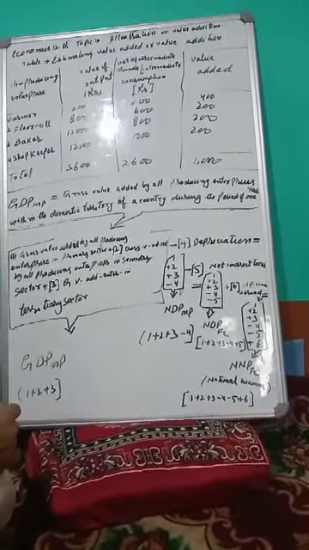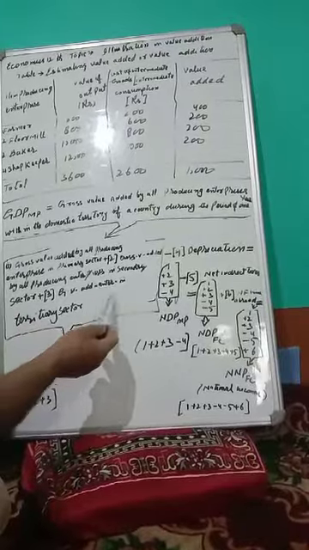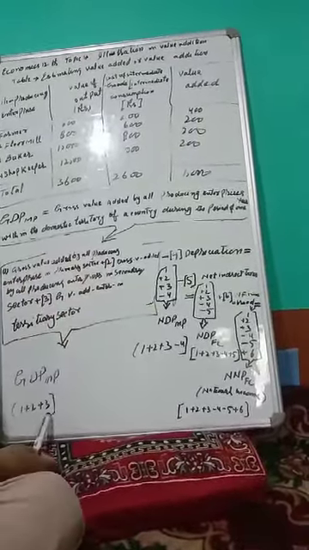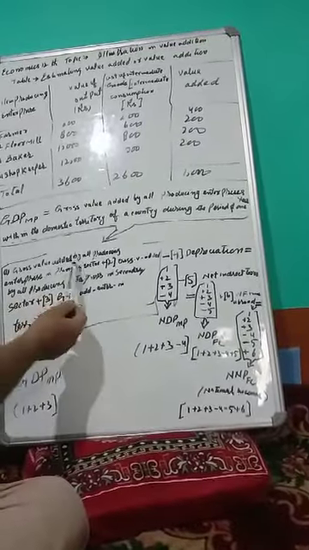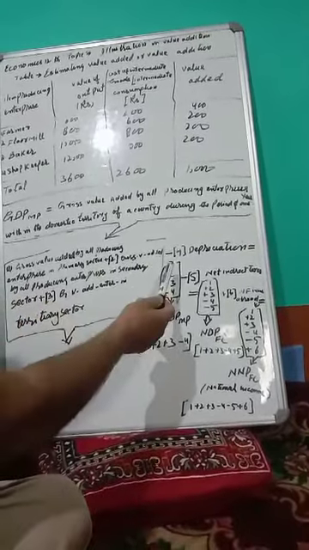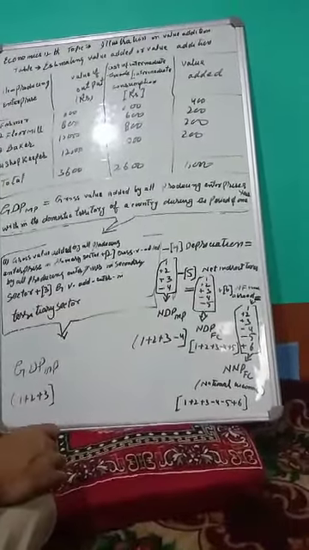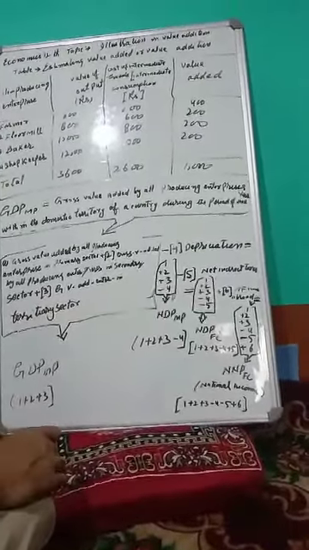Now we will make subtraction from this 1 plus 2 plus 3. If we subtract 4, that is depreciation, then that is equal to 1 plus 2 plus 3 minus 4.